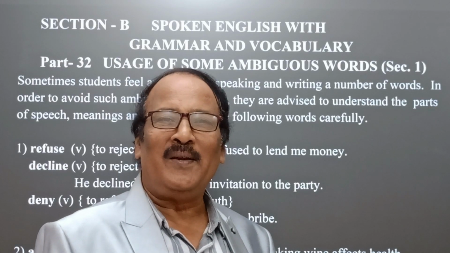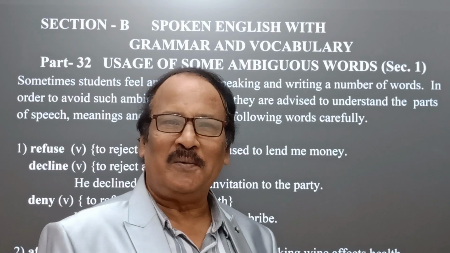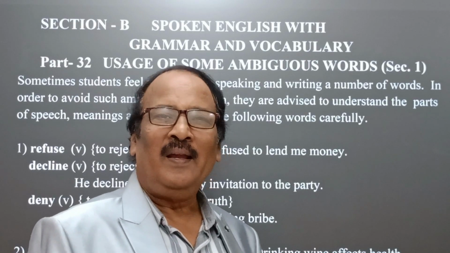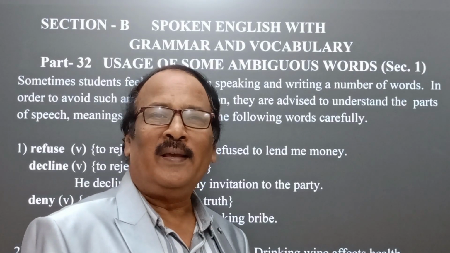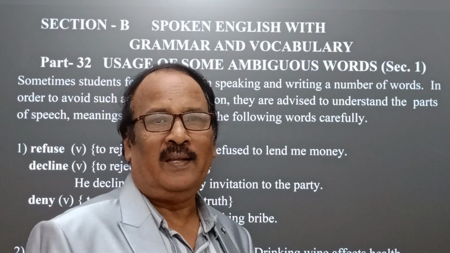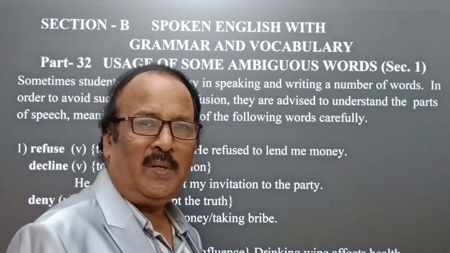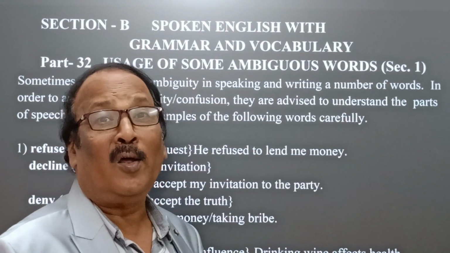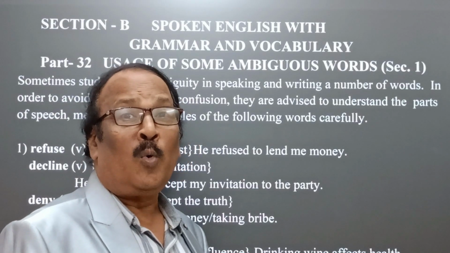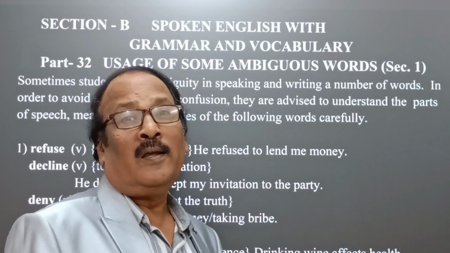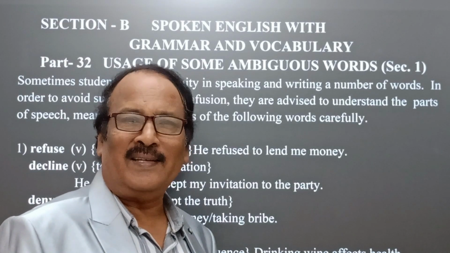In this segment, we are going to discuss some very interesting factors in connection with spoken and written English. Remember, dear students, sometimes you face confusion and ambiguity at the time of speaking and writing in connection with a number of words, their pronunciation and their use in sentences.